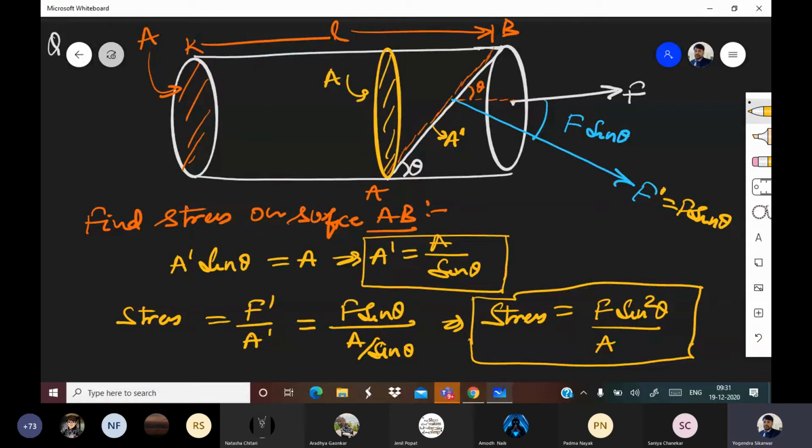Yash is asking, sir, how is A dash sine theta equal to A? Because this area A dash is more than A. A component of A dash is A. You can imagine, if you want to visualize this, you can imagine A dash as the hypotenuse and A as the perpendicular or base, depending on your angle theta.